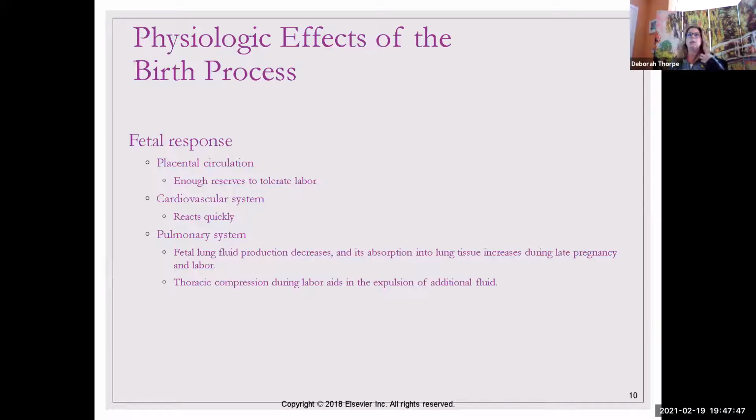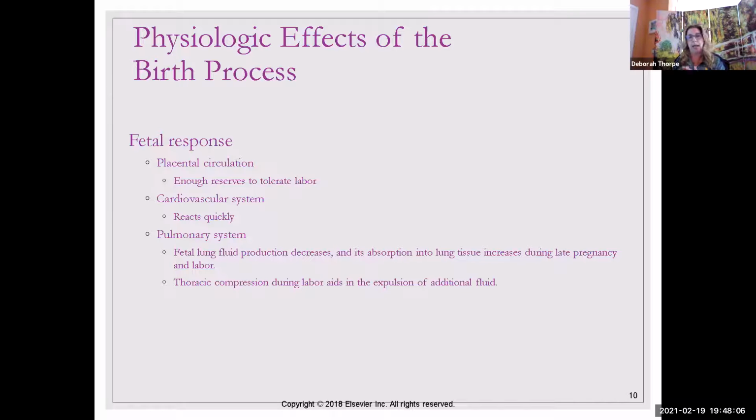And then the rest should absorb. With most term babies, just with crying and moving, it absorbs into the fluid volume, and it's fine. But you can see how a couple of things could influence that.